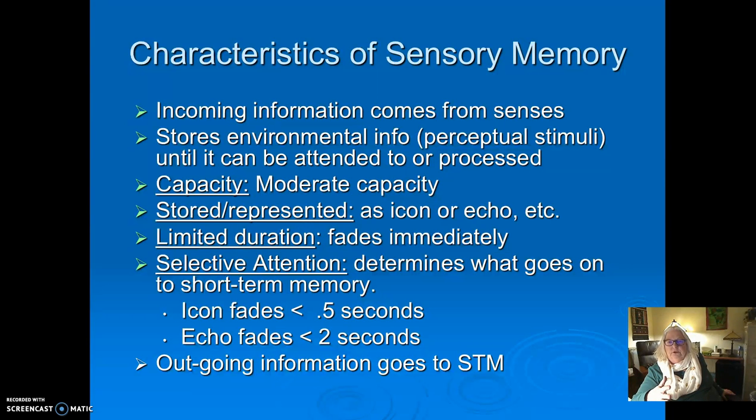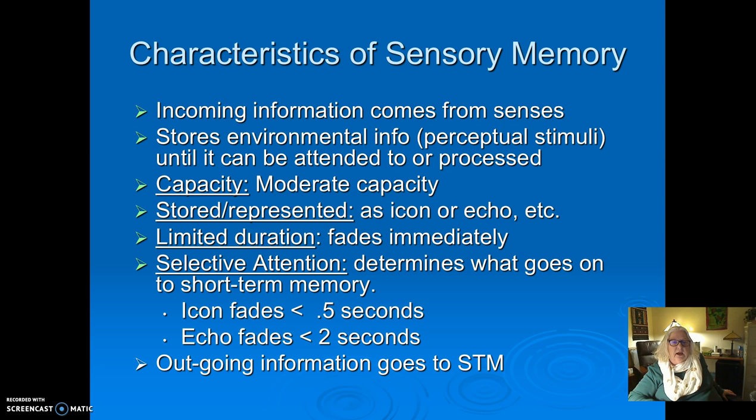These are the major characteristics. What is its capacity? Does it have unlimited capacity? Probably not. Does it have unlimited duration? How long is information in there? I can tell you that it's very quick, very, very short.